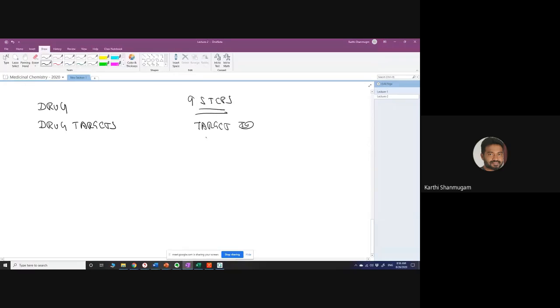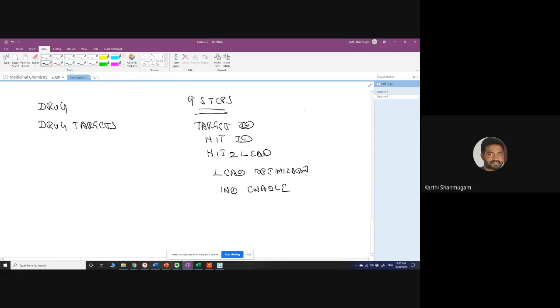The second step is hit identification. The third step is hit to lead. The fourth step is lead optimization. Then the next step is IND enabling. So this is what we have studied so far, right?